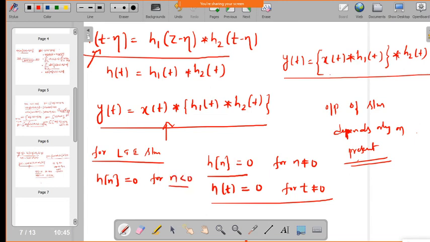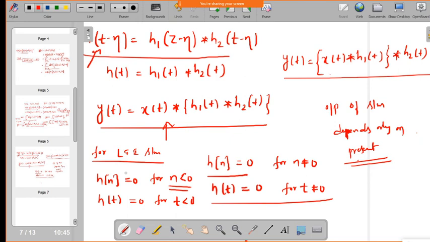So this is important. When n is less than 0, the impulse response should give 0 for the causal system, and similarly h of t should be 0 for t less than 0.